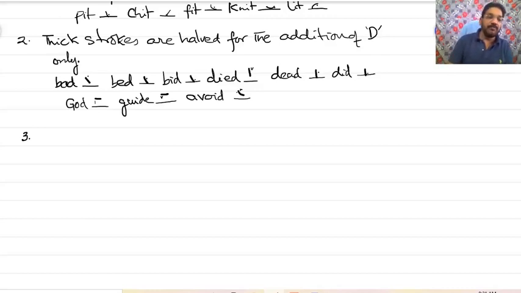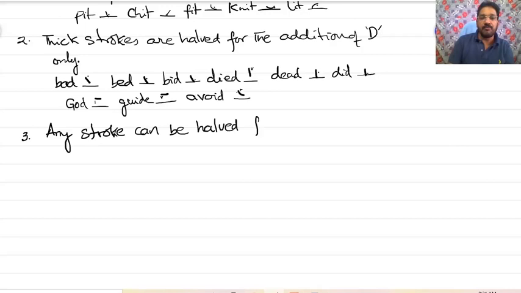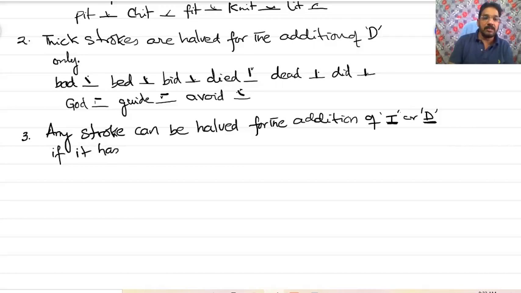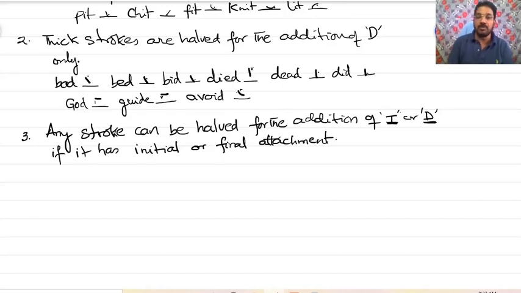Now I am generalizing: any stroke can be halved for the addition of T or D if it has an initial or final attachment. That can be a single syllable word also.